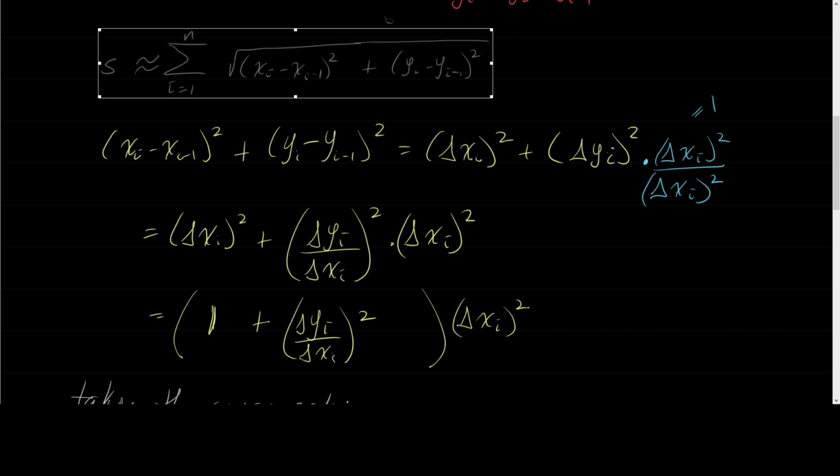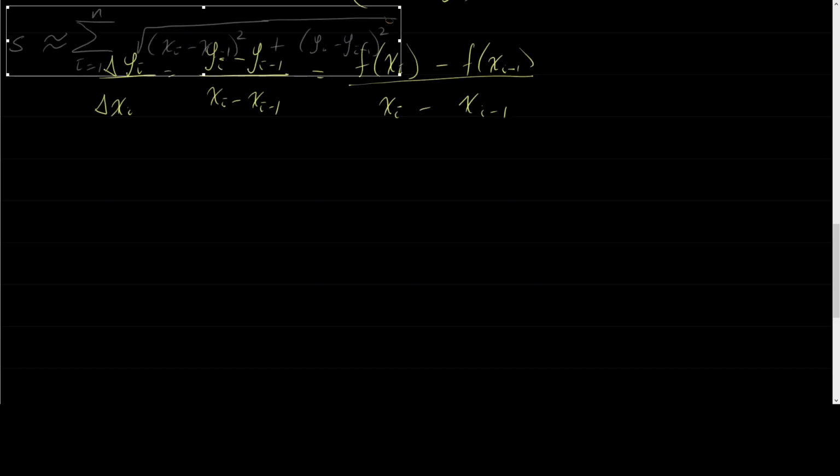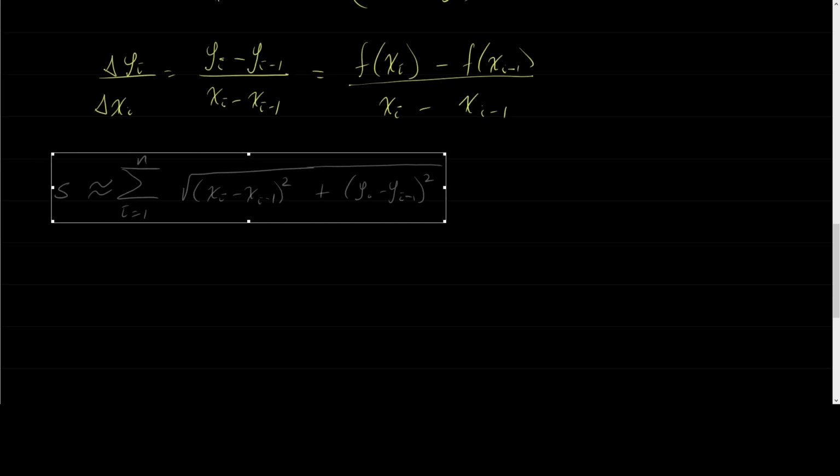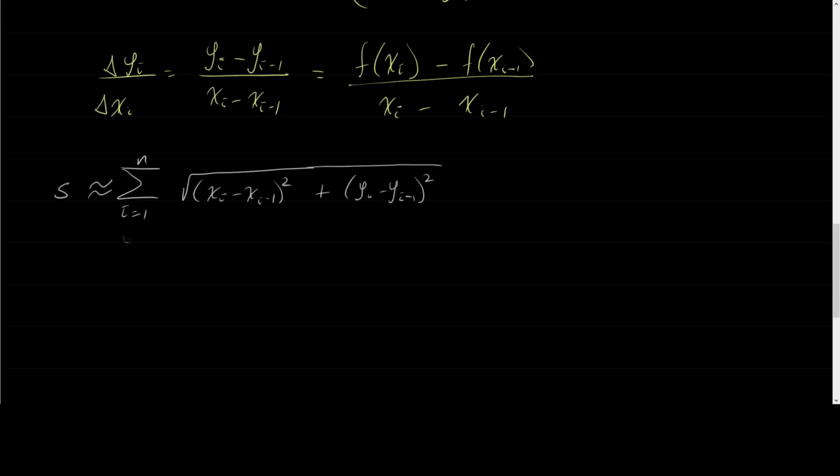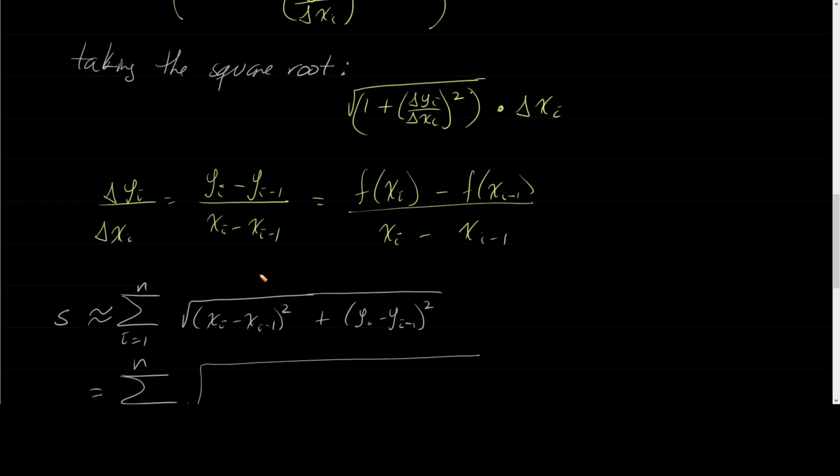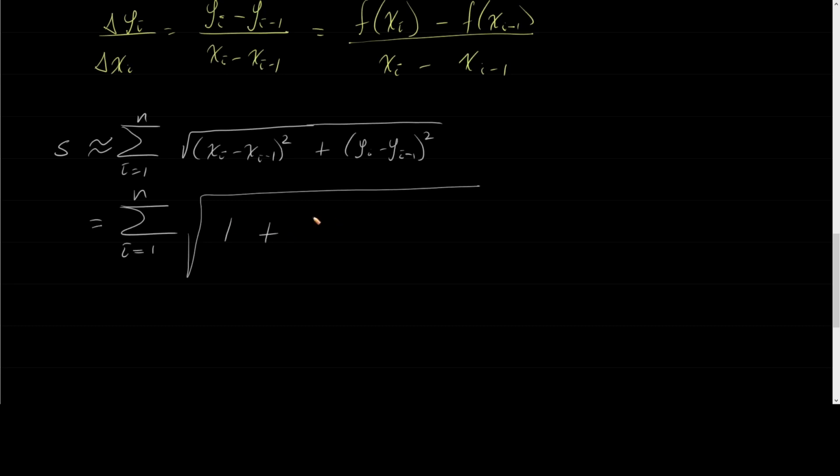This entire thing, using what we just found, we can now say this is equal to the summation from i equals 1 to n, but now we've got the square root of 1 plus this piece, which became f of x sub i minus f of x sub i minus 1 over x sub i minus x sub i minus 1, all of this squared, times delta x sub i.